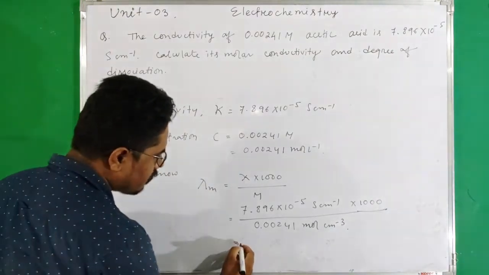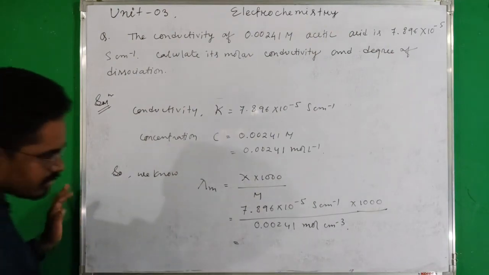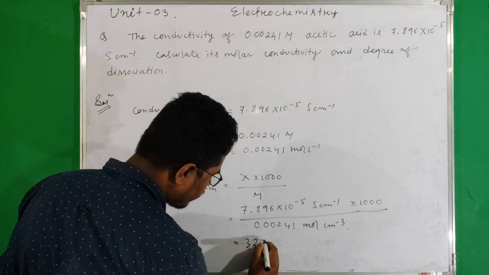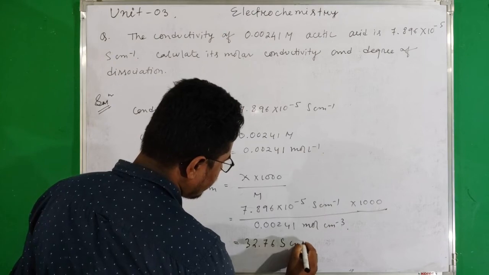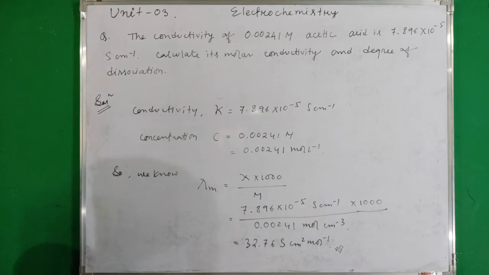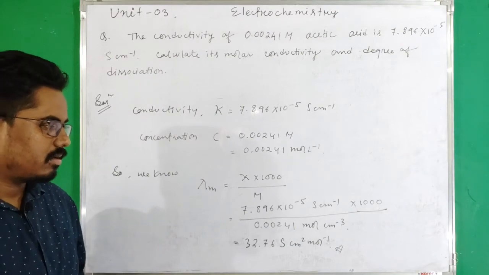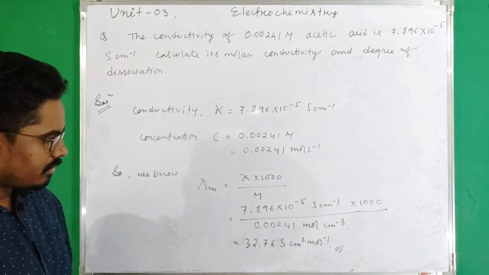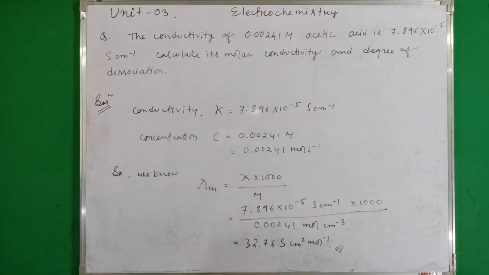Okay, so after calculating, the result is 32.76 Siemens centimeter square per mole. So we have determined the value of lambda m, that means the molar conductivity for acetic acid, from the given data.